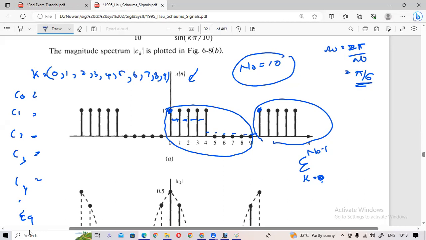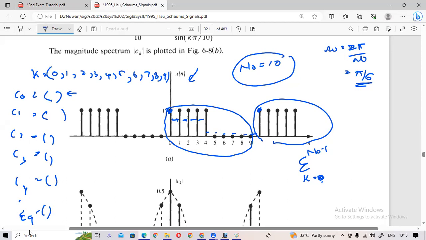You have to be familiar with that question, with that method, okay? In the same manner you can find this C0, C1, C2 up to C9, okay. So some values will be maybe real, some values may be complex, okay. So anyway, complex or real, you can find the magnitude.